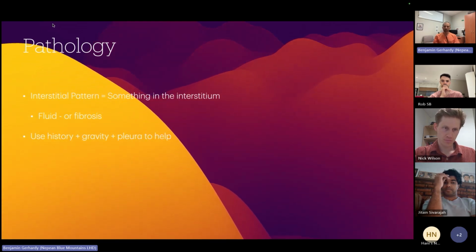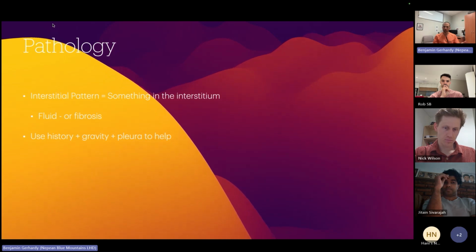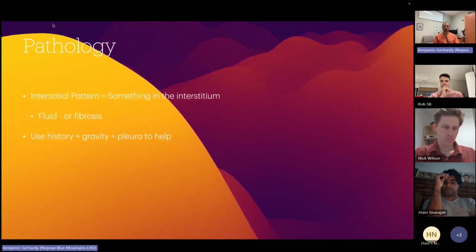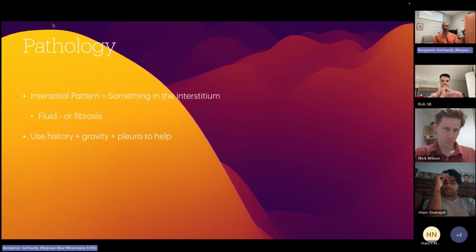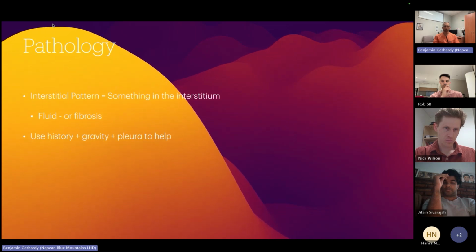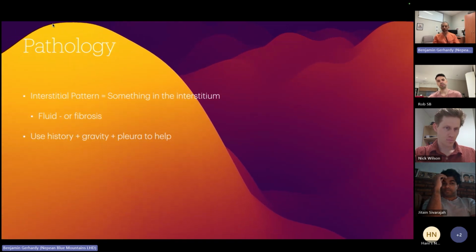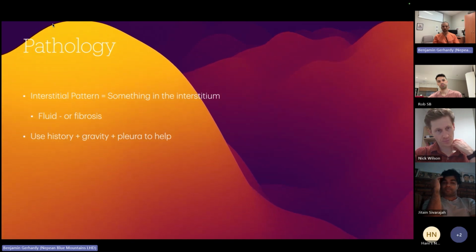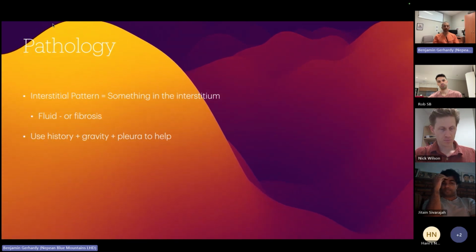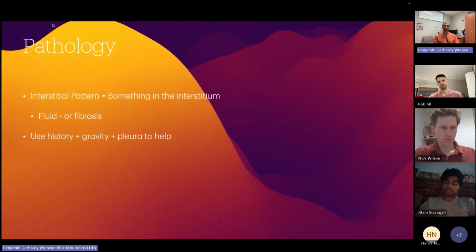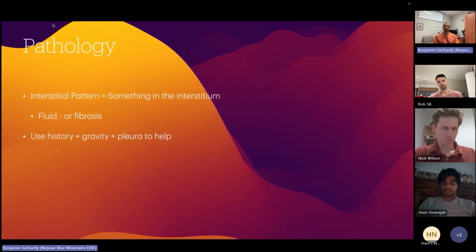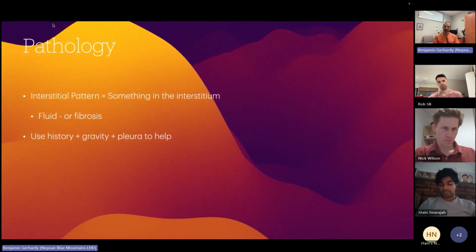If the patient has basal or posterior, depending on their position, predominant interstitial markings, then it's far more likely to be fluid. And if you've got patients that you're proning because they're in ARDS or similar, and those lines move, then all the more proof it's fluid. If the lines are static, then you can think it's either higher protein interstitial fluid or fibrotic change, scarring.